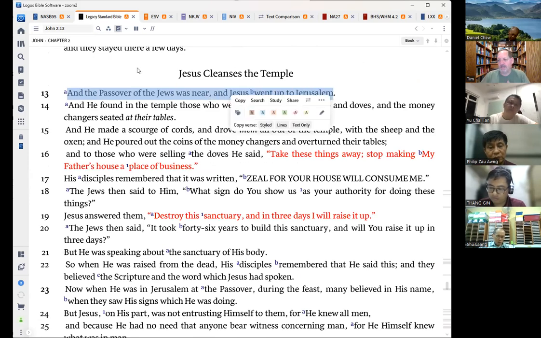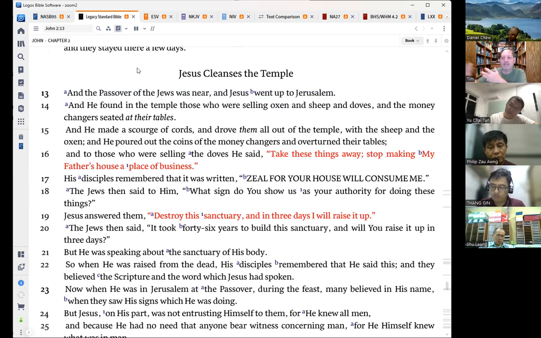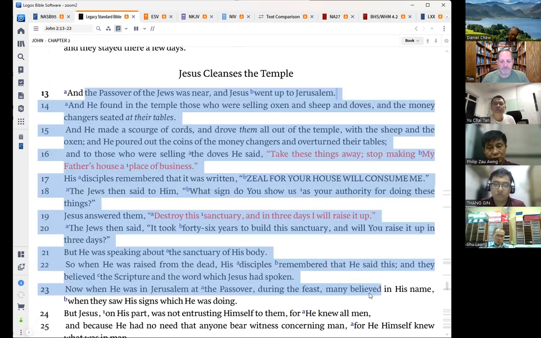So that just sounds like a historical, okay, then this happened. But we have to study the story about his zeal for God's glory. We have to study that story to understand what was happening, and then try to see how this story of him cleansing the temple connects to the previous story of the first sign at the wedding of Cana.